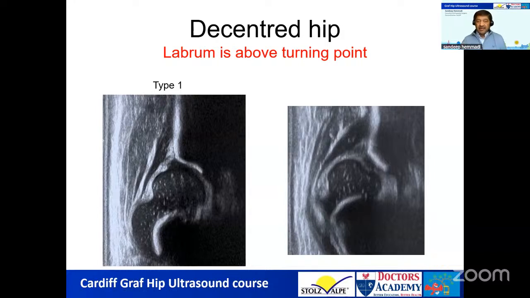I'm going to try and move away and see if you can see my arm, okay? So if you think of a little helium-filled balloon under my arm, at the two extremes, everyone agrees whether a hip is centered or not. So if I put my hand here, let's say my axilla is the turning point, and my hand here is my labrum. If I put my hand across like this, everyone would agree this balloon is contained under my arm, or is a centered hip.